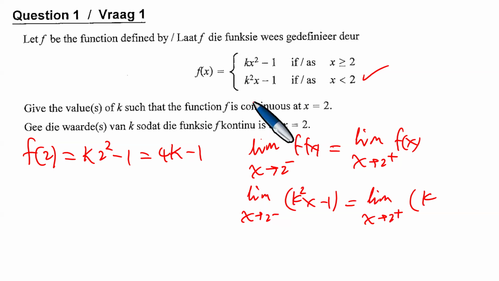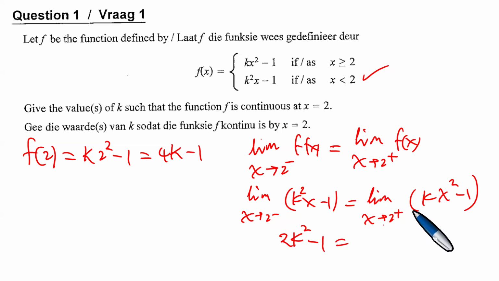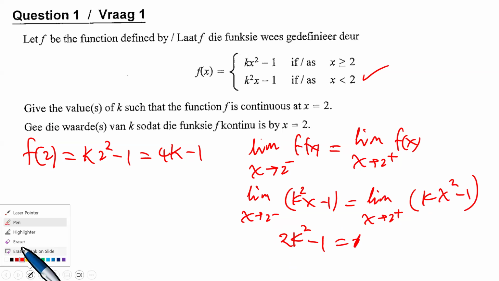From the left, in the place of the x, you put the 2, which is 2k squared minus 1. From the right, you put the 2, which is exactly 4k.